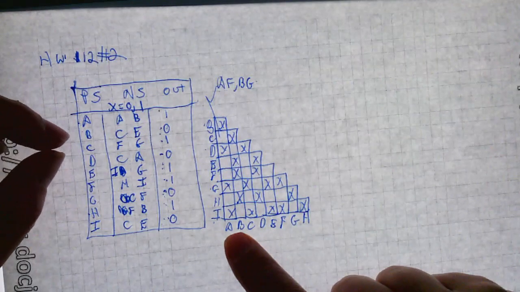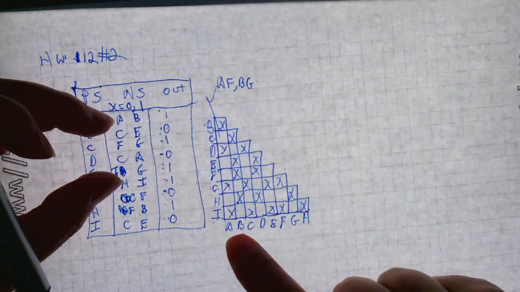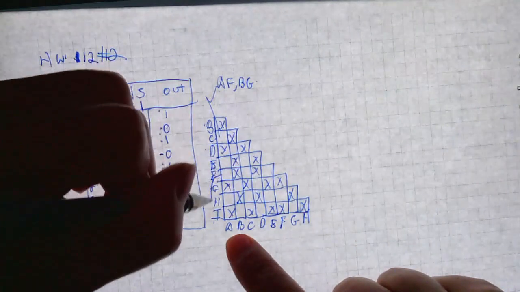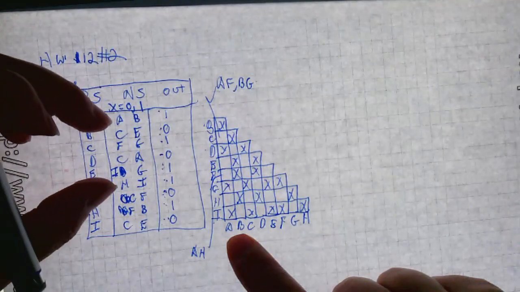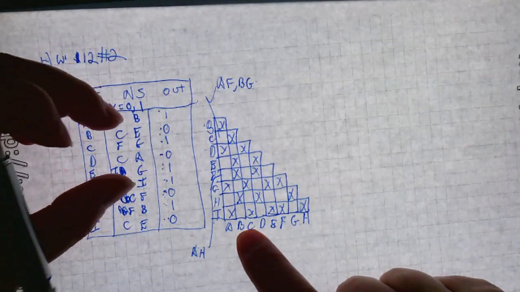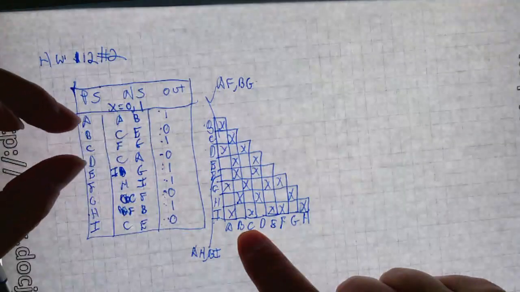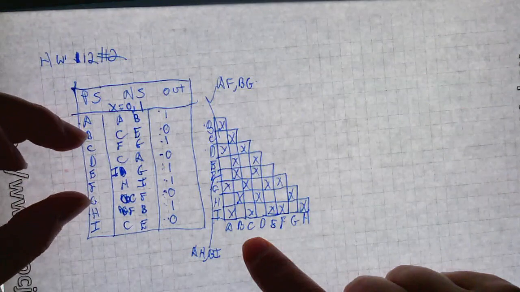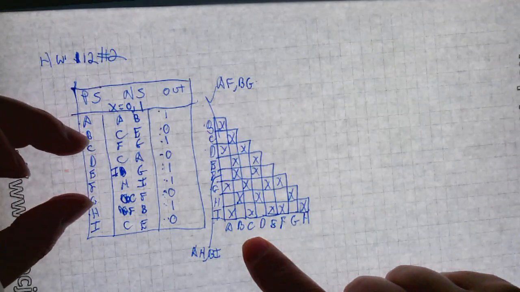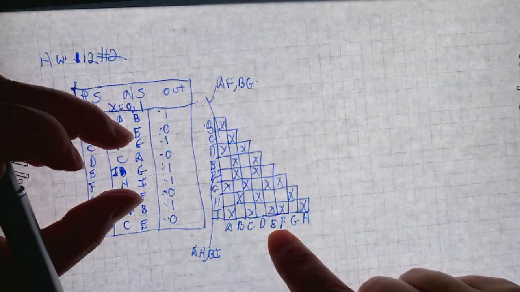A is equal to F if A equals H, and if B is equal to I. And B is equal to G if C equals C, and it does, and if E equals F.